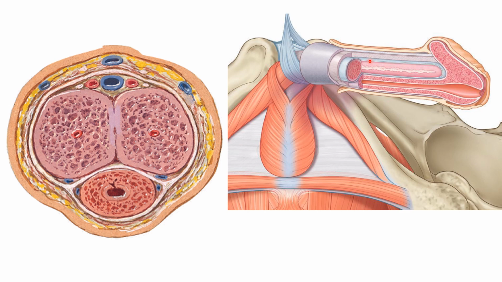And proximally, if you trace it over here, this fascia penis is continuous with the Scarpa's fascia of the anterior abdominal wall. That is the membranous layer of the superficial layer of the anterior abdominal wall. And when you trace it towards the scrotum, this fascia will be continuous with the dartos muscle of the scrotum.